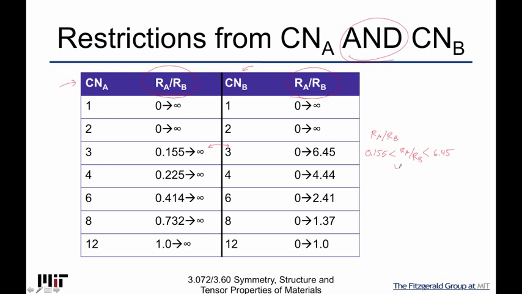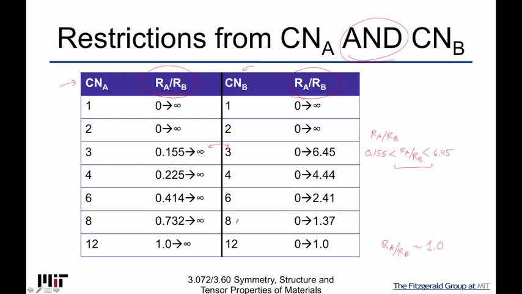Remember, everything's in terms of RA over RB now. So it's a pretty wide range, actually. But if I kept the same thing, 12 to 12, RA over RB would have to be identically 1, and even there it's probably iffy. If you tried to have A and B have exactly the same coordination, you'd have to have them be exactly the same size, and then it's still questionable.